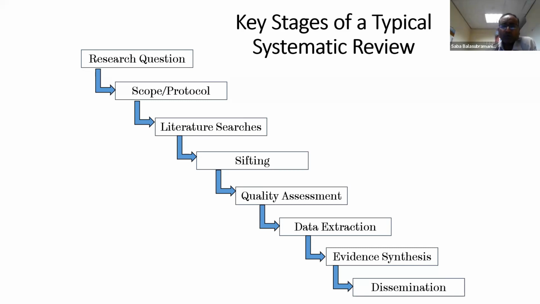Then you want to write your protocol in detail before you start doing literature searches, sifting through all the papers that you think meet your eligibility criteria. Then you quality assess the papers, focusing on internal validity. Then you start to extract the data from the papers that you think should be included, and you put the evidence together, which comes under the heading of evidence synthesis, and then you write and disseminate your findings.